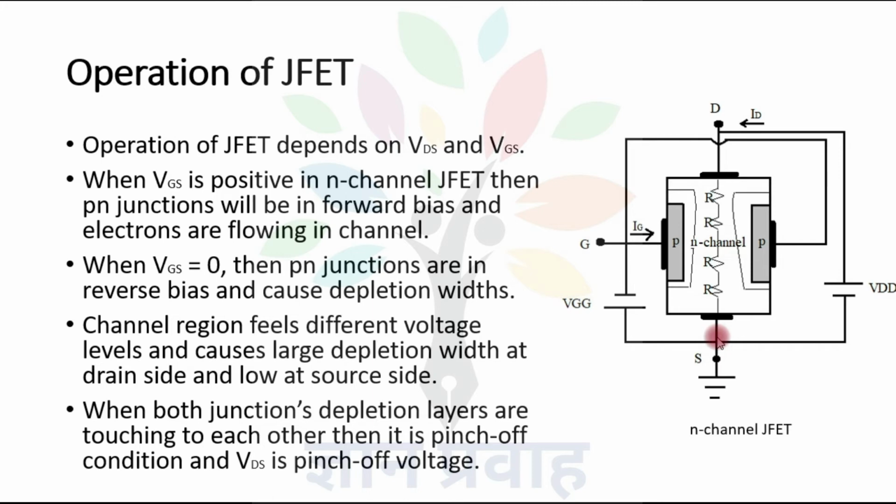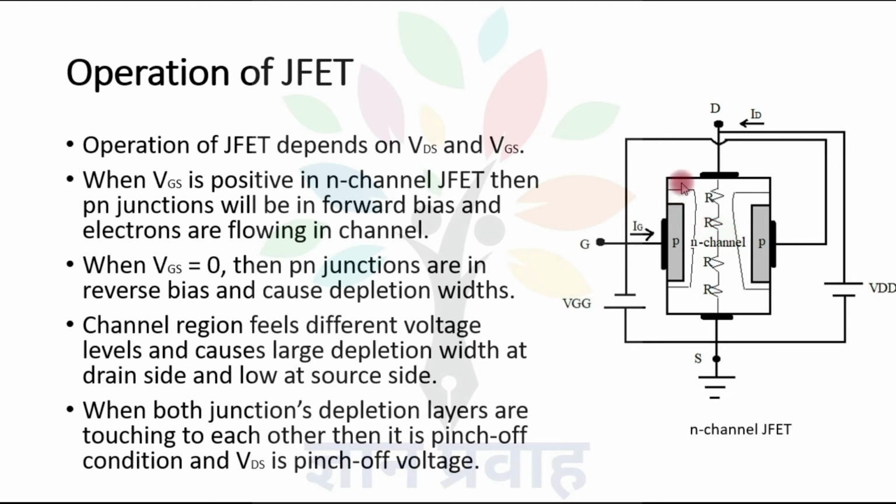So in case of JFET, when VGS voltage is positive, or even 0, then there is no effect on the drain current in case of N-channel JFET because both PN junctions are operating in forward bias. So current conduction is stopped or lowered when the depletion region width between the PN junctions increases. So an increase in the depletion region width decreases the value of drain current. That is the theory of this JFET.